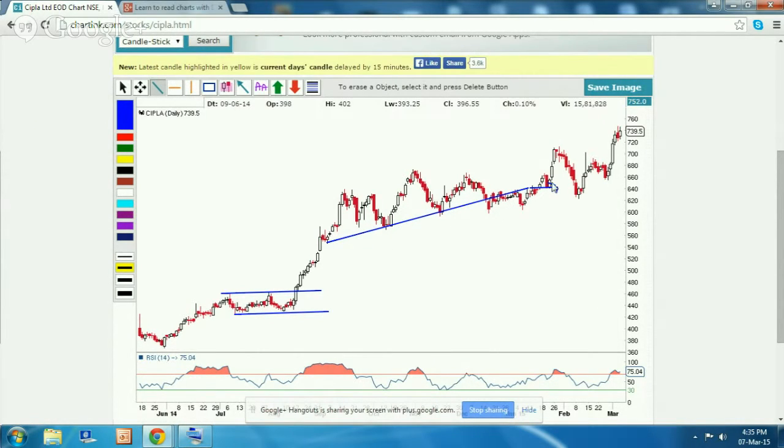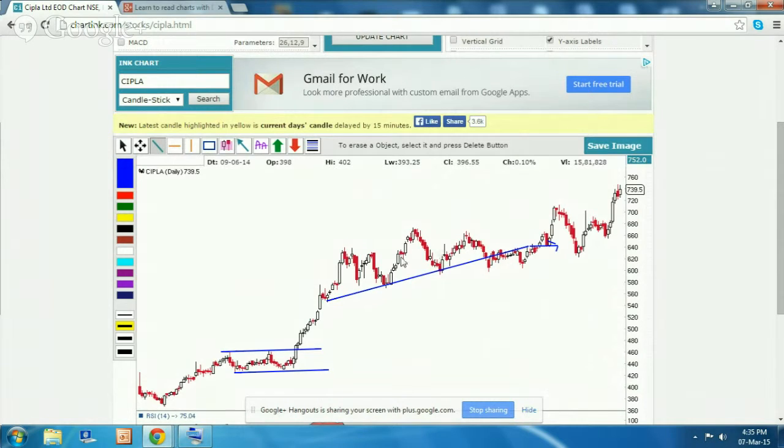The line which I have drawn is the neckline. There is a breach, but normally in a head and shoulders, whenever there is a breach, price goes down at least the amount of the height of the head. Here it has not gone, so this pattern has failed. All patterns can fail. This is a reversal pattern, but it has not worked here.